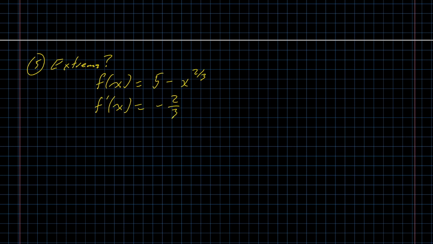So continuing with our strategy, maybe extrema might be nice to analyze. So we have our function, which I'm going to rewrite here just for my convenience. And we can take the derivative of this function, which is going to be negative 2/3 x to the negative 1/3.